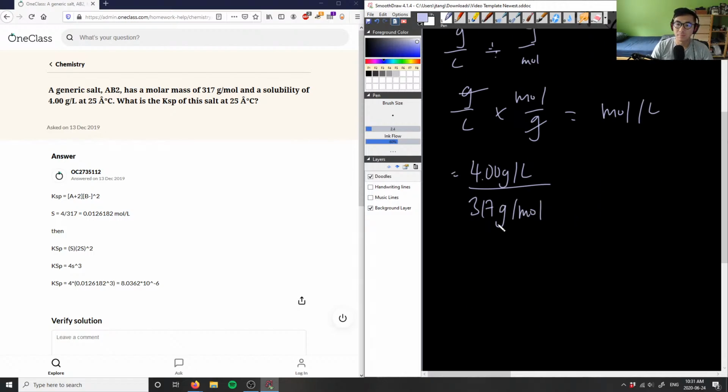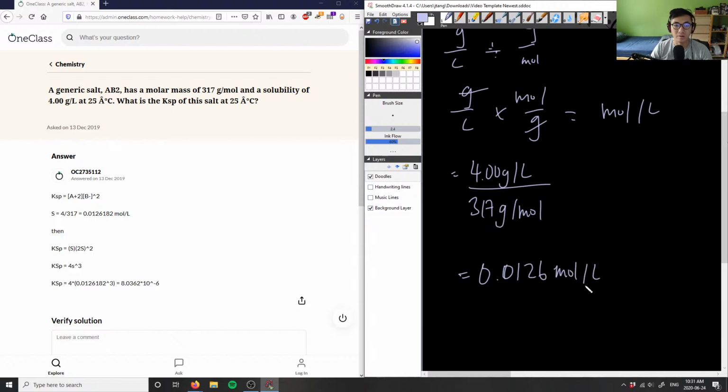And this will give us moles per liter, right? Because these grams will cancel out and the moles will come up here. So 4 divided by 317 is going to be equal to 0.0126 moles per liter, so our concentration.